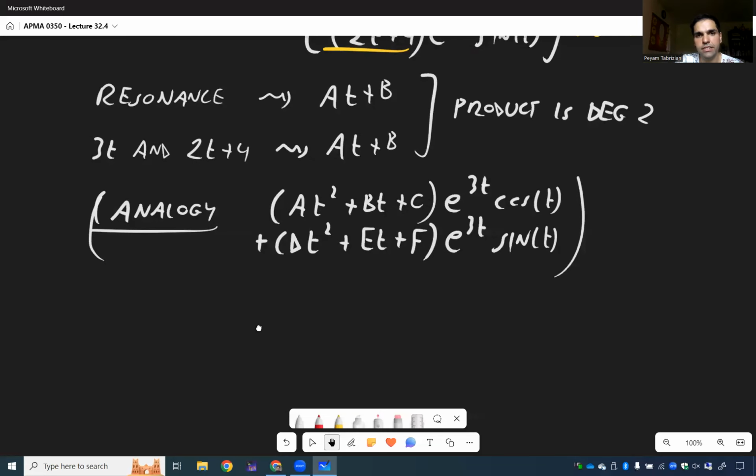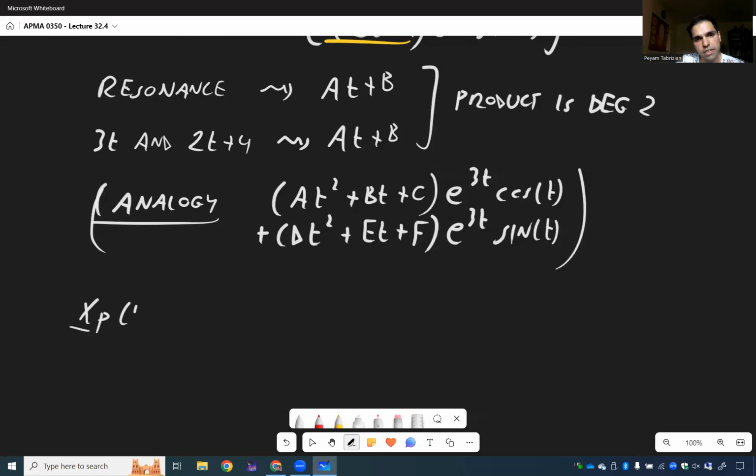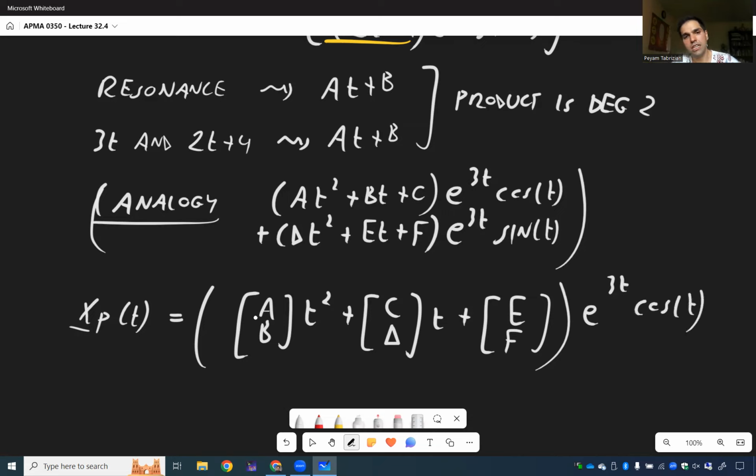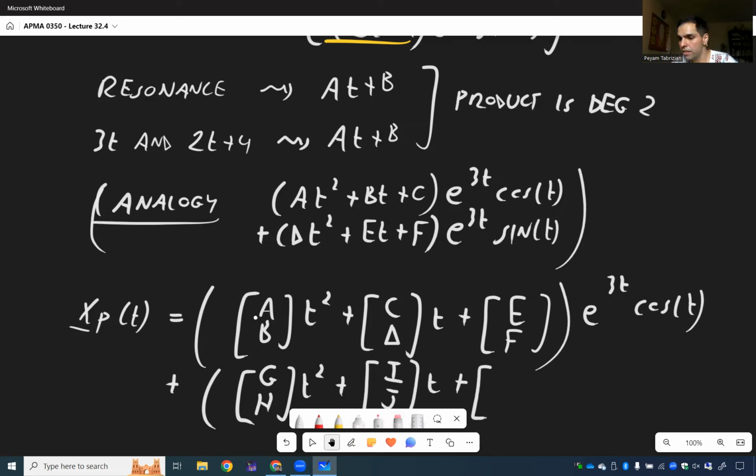So what we end up getting is xp of t is, in this case, (AB)t squared plus (CD)t plus (EF), e to the 3t cosine of t, and then plus (GH)t squared plus (IJ)t plus (KL), e to the 3t sine of t.